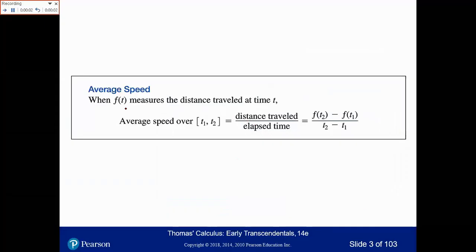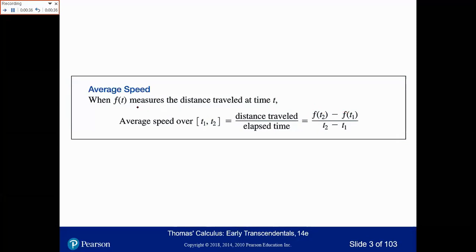Okay, so when f of t measures the distance traveled at time t, the average speed over the period from T1 to T2, where T2 is when you stopped and T1 where you started, is equal to the distance traveled divided by the elapsed time, the time it took you to go from point A to point B. And that's equal to f of T2 minus f of T1.